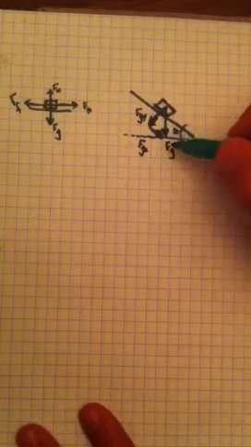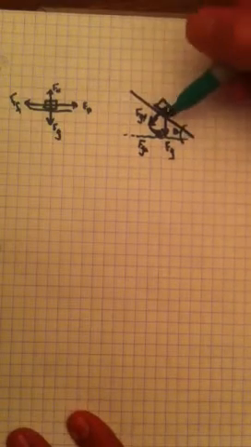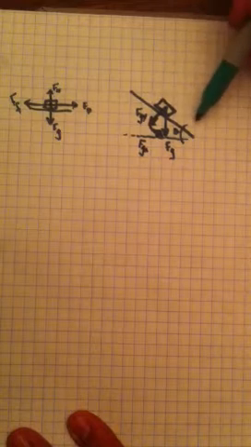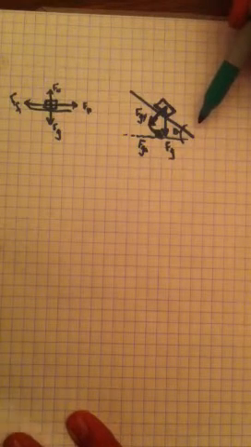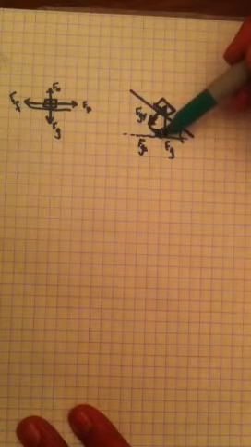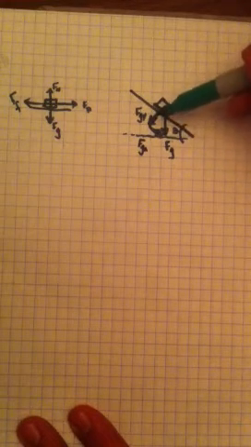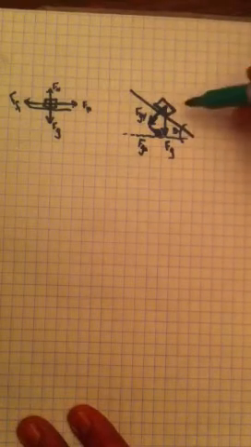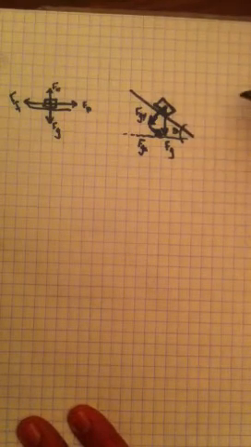So what we're saying is, as we lift this board, some portion of the gravity is pulling this block down the ramp. This is increasing as the amount of force into the board is decreasing, because as you lift that board more and more, the force on the board gets less and less.